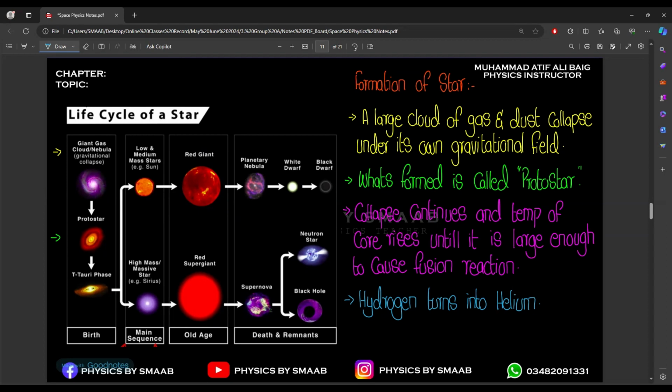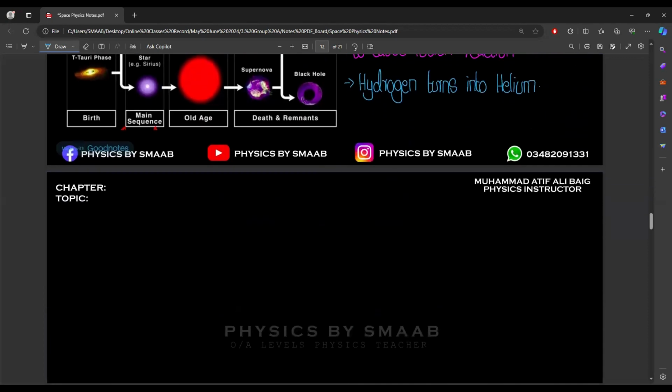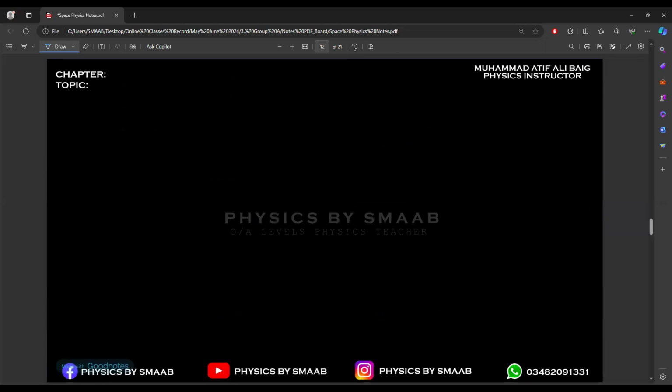And now how does the star stay in a stable form? That is also very simple. The fifth step explains how stars remain stable for some time, or whatever the life of that star will be.